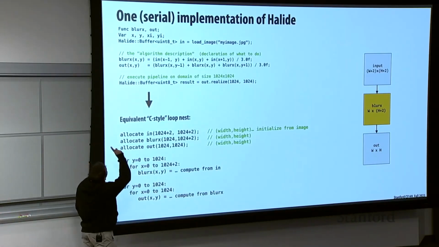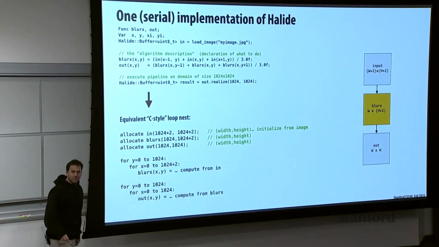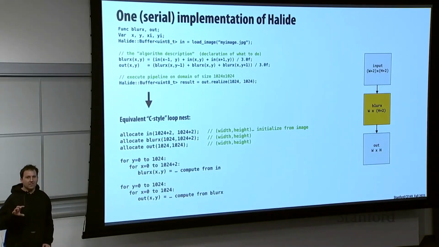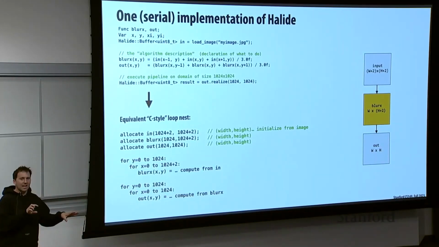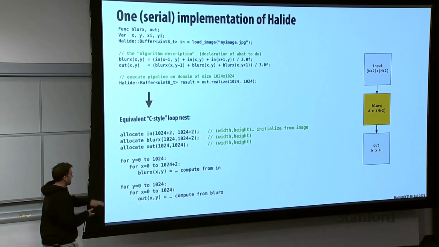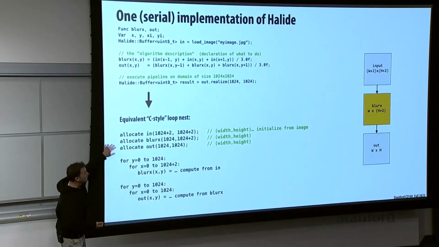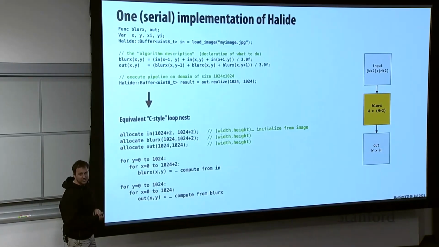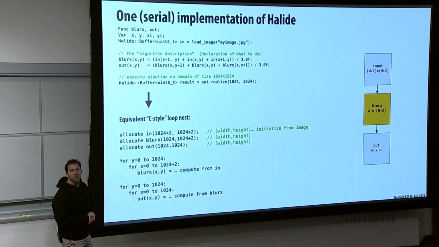And then every expression is an operation that runs for every pixel in the output array and computes values, right? Can you confirm that this makes sense, that this is a valid implementation of that code up above? So the Halide compiler basically just writes these loops for you.